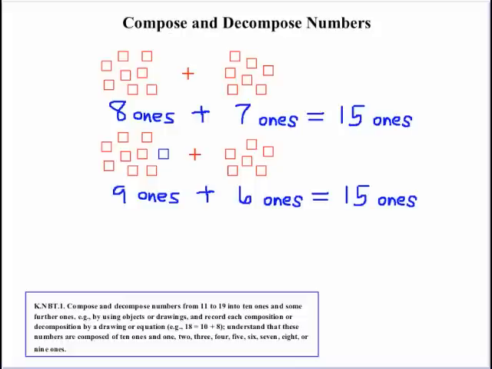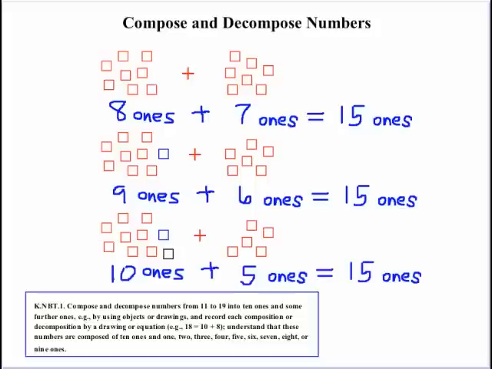If students take this a step further and move one more to the other side, then we would have this situation, which is 10 ones plus 5 ones to be our 15, which again aligns with what this standard is saying, but it's a slightly different context.